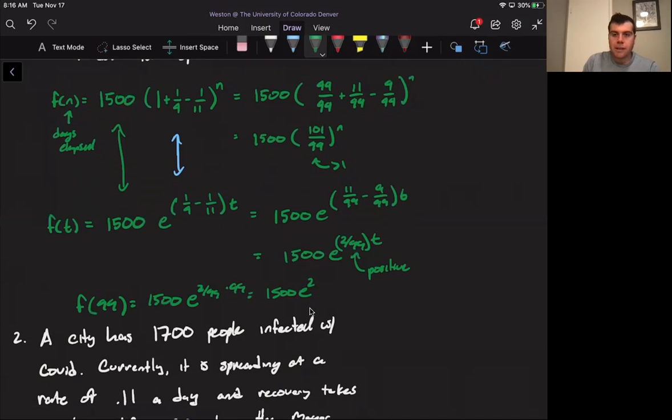And e squared is about 8, not exactly 8, but about 8, so this would be about 1,500 times 8, which is about 12,000 people infected.